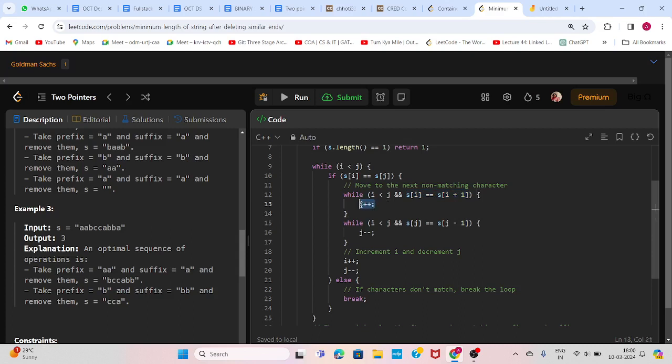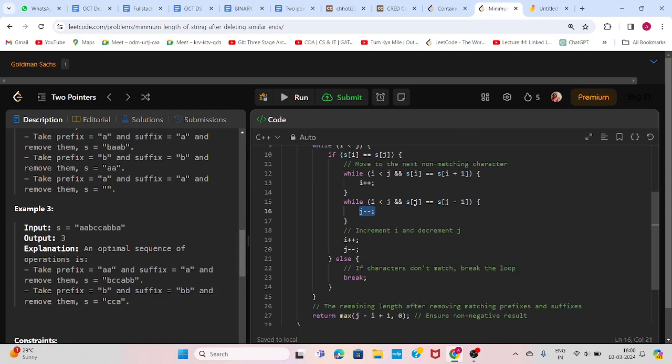So we will just move i plus plus, and this is for the safe condition. If the index exceeds, we will not go into that condition. This is to stay in the safe zone. That's why I have written i smaller than or equal to j. So if this condition is valid, then i plus plus, and if this one is valid, then j minus minus.